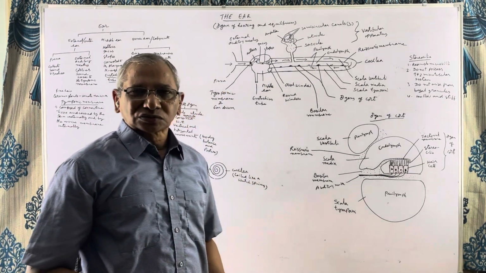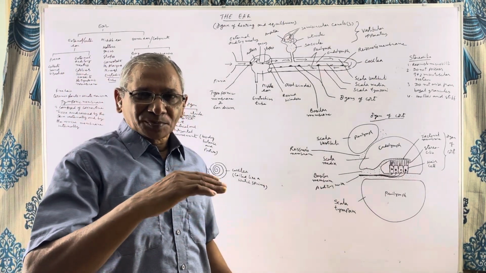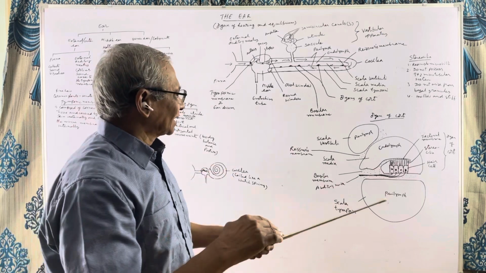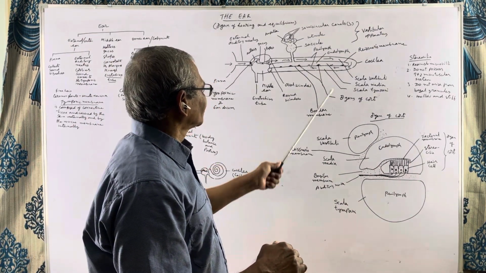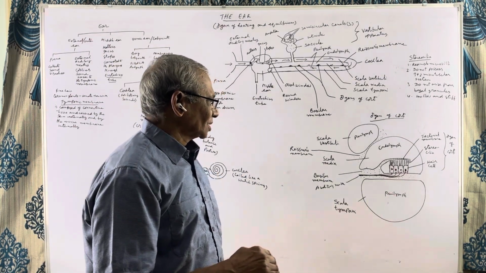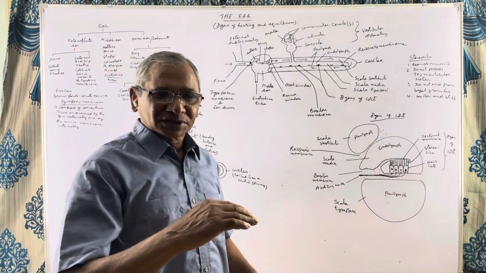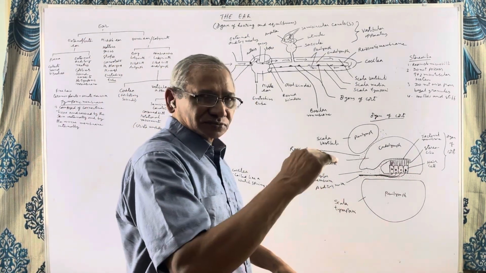When the sound waves enter the scala tympani, what do they do? They cause vibrations in the basilar membrane, in this membrane. When they cause the vibrations, what happens? The hair cells move up and down.